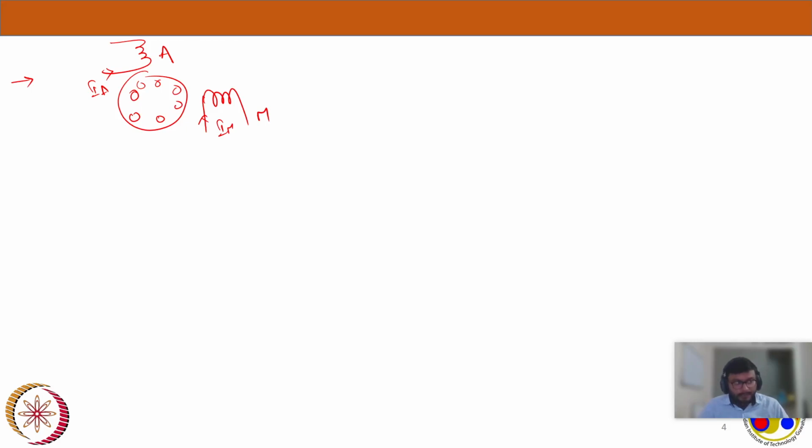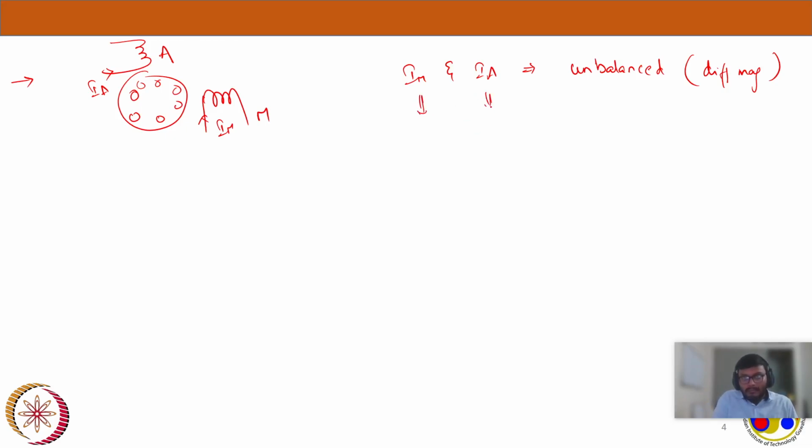Now, the idea is we can break these currents down into balanced components. Suppose IM and IA are unbalanced, maybe of different magnitudes, with different angles between them, and the angle might not be 90 degrees. That's what unbalanced means. So I can break down IM and IA into sequence components.